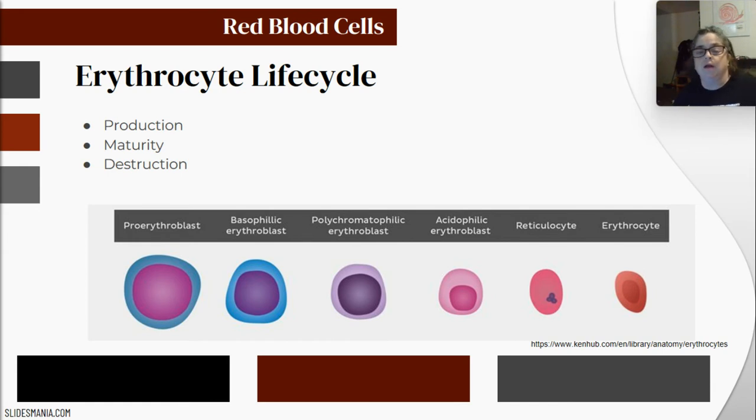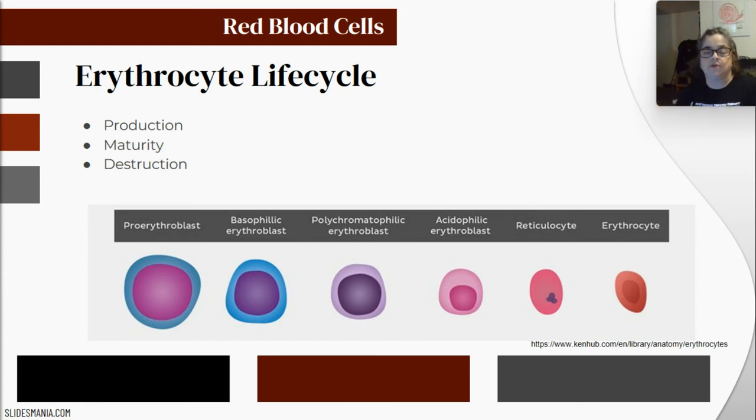And then they finally mature into a full erythrocyte. And then once they get worn out, they get destroyed, recycled, and new blood cells are made in our bone marrow.